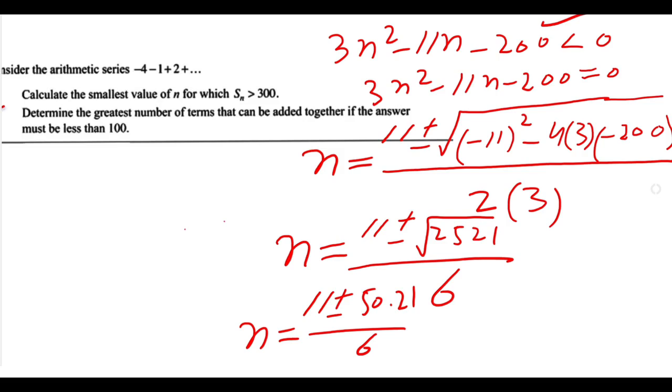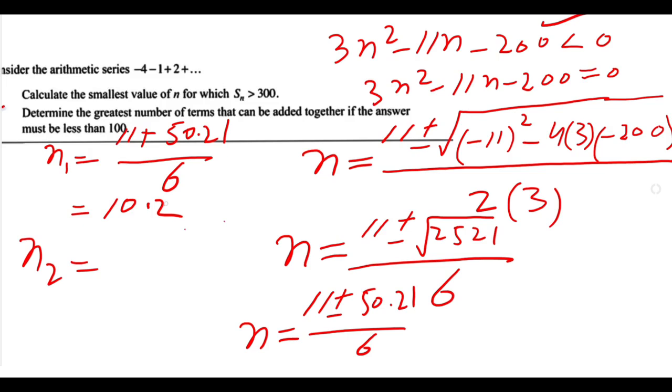Now we need to find the two solutions. The first one, n1, is equal to 11 plus, first using the positive sign, 50.21 divided by 6. So my answer is 10.2.